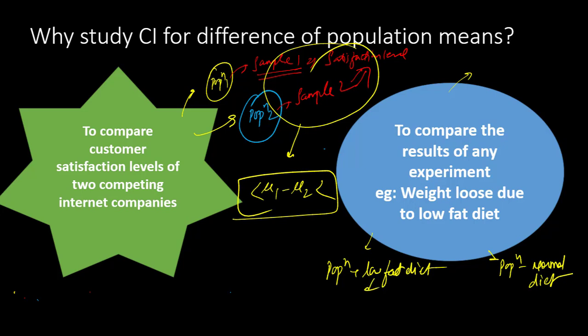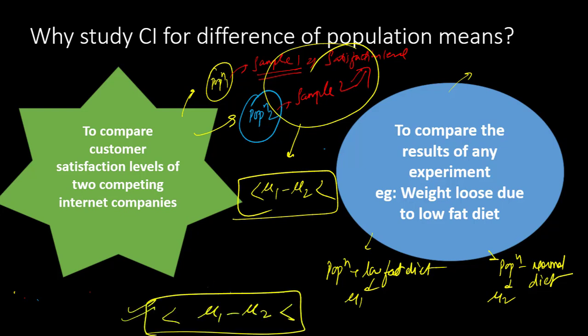Let us denote the average weight of the population on the low fat diet as mu1 and the average weight of the population on the normal diet as mu2. By calculating mu1 minus mu2, we get to know whether our experiment, that is putting people on a low fat diet, could result in the desired outcome, that is weight loss of the given population.